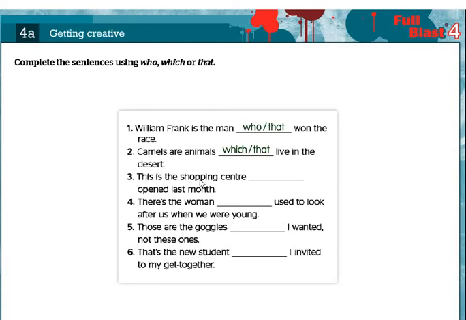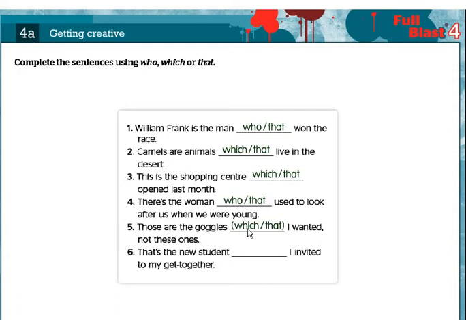This is the shopping center, of course, which. There is the woman who used to look after us when we were young. Those are the goggles, things, okay, which I wanted, not these ones.